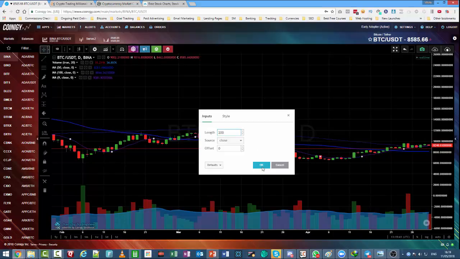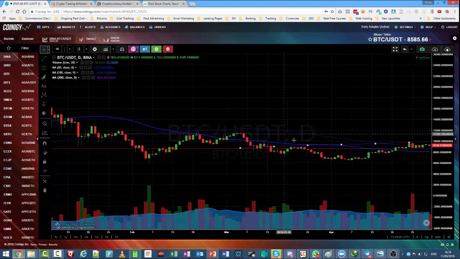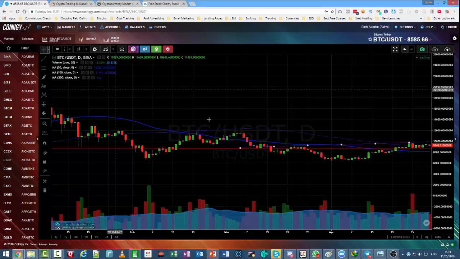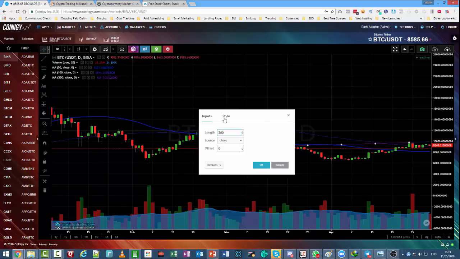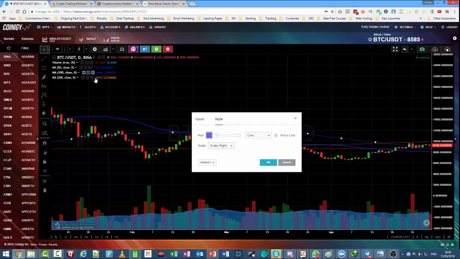Okay, so moving averages basically show you how the price has performed on average over the last 50 days, over the last 100 days, or over the last 200 days, right? And let's make this one orange, and this one blue, and you can change the colors.